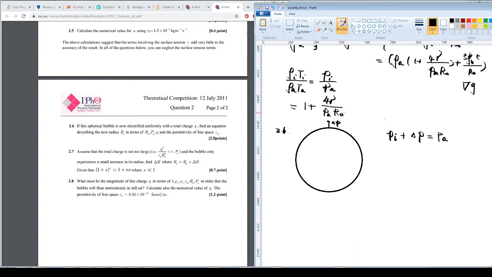So we're really looking at a change in radius. Okay, so first we have that.